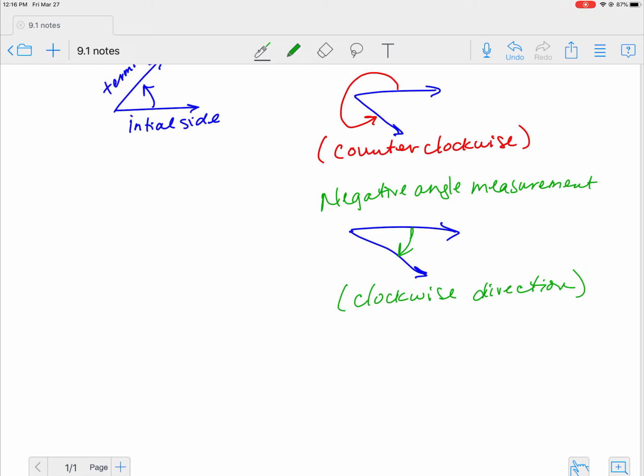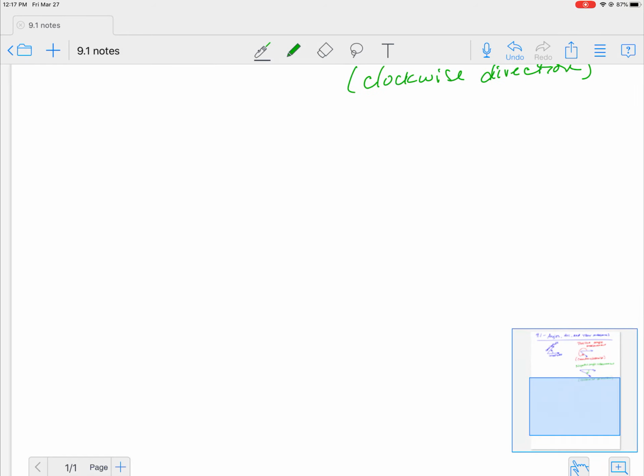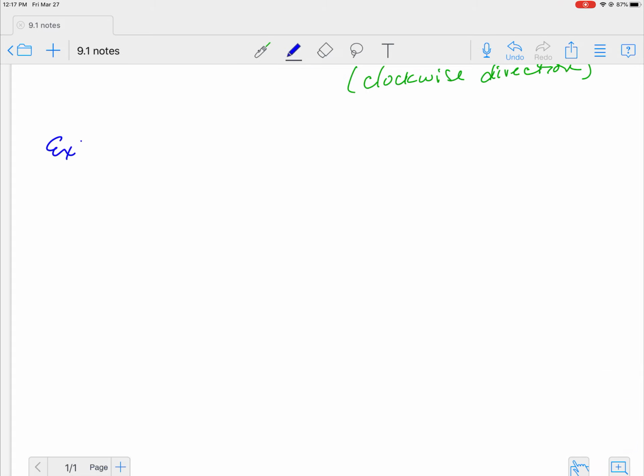Something else that I think is going to be helpful is we are talking about different types of angles. If I have this setup, and there's a box in the corner, do you know what that box means?